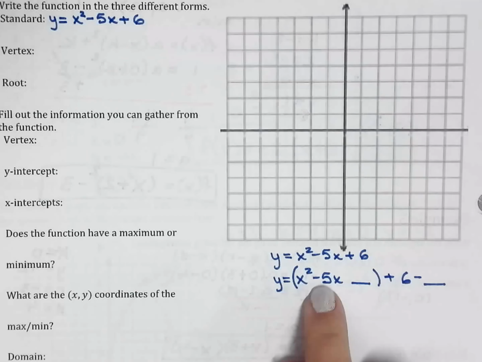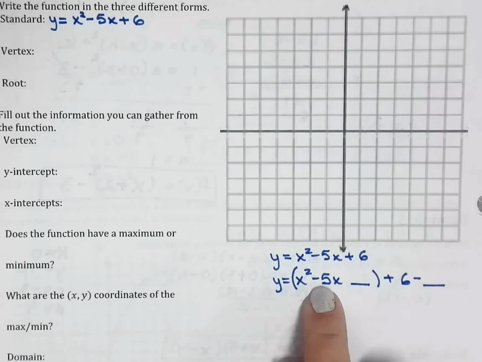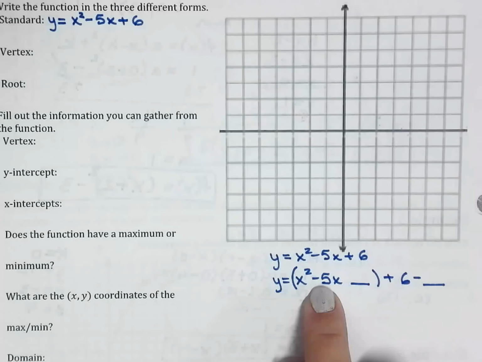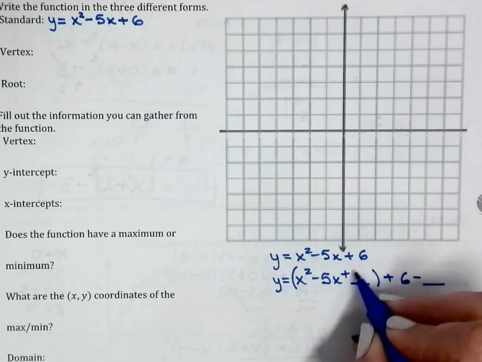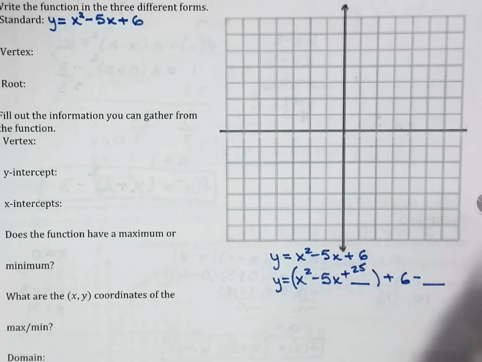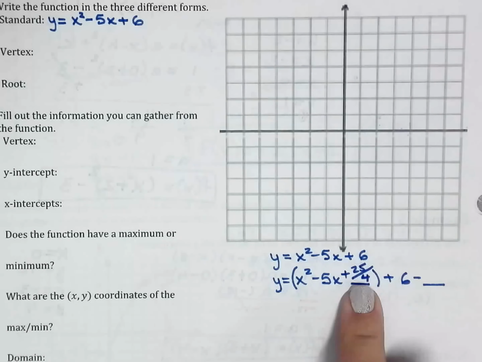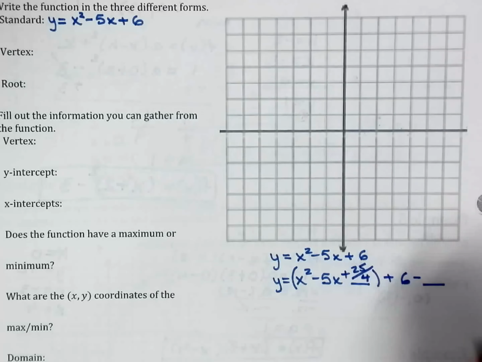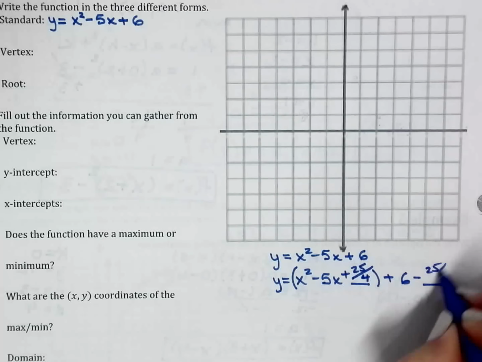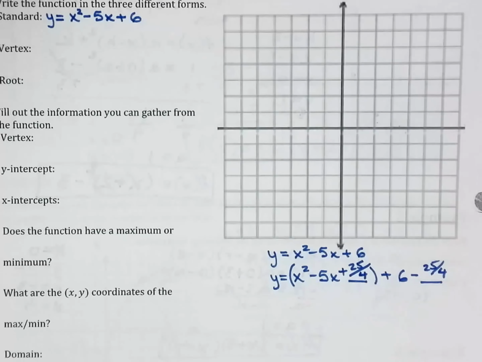So I get this number, divide by 2, and you square it. Well, negative 5 divided by 2 is negative 5 over 2. You square it, you get 5 squared is 25, 2 squared is 4. And what you do here, you undo it there. So negative 25 over 4 right there.